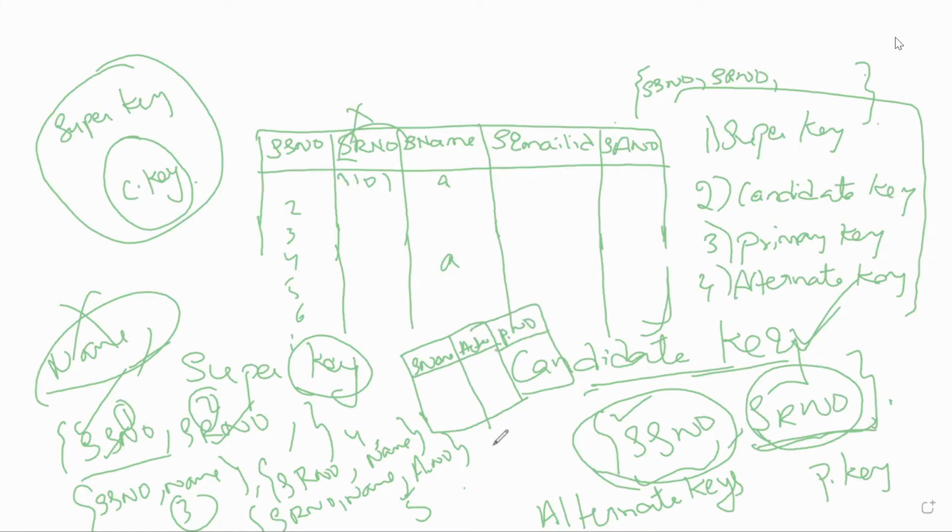Let it be a person or student table. So among these attributes, what attribute can be a primary key?